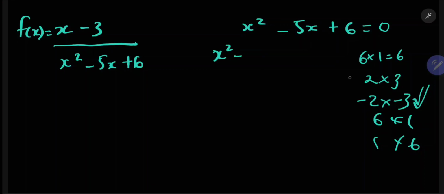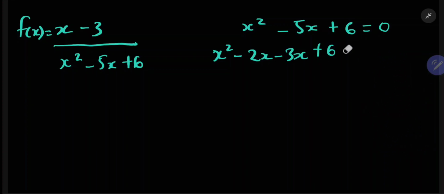So we're going to be replacing minus 5x with these. So you have x squared minus 2x minus 3x plus 6. I hope this makes sense. Minus 2x minus 3x would still give you minus 5x. So let's just wipe this.